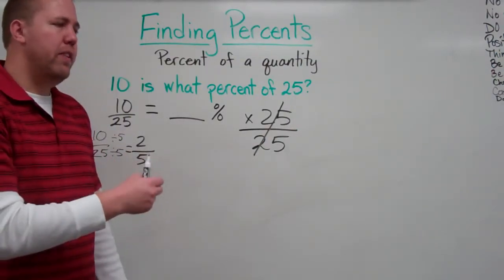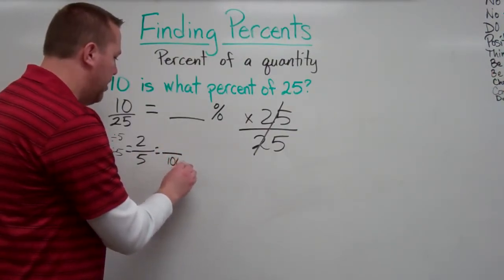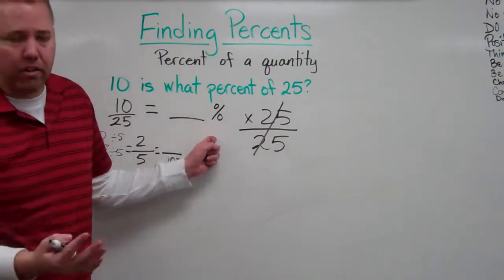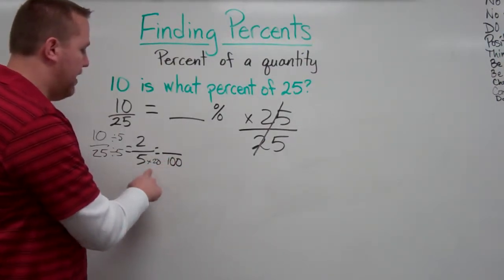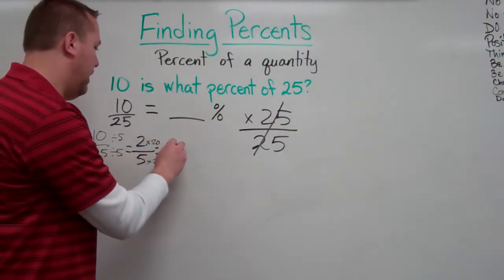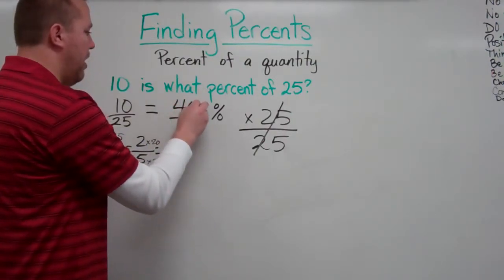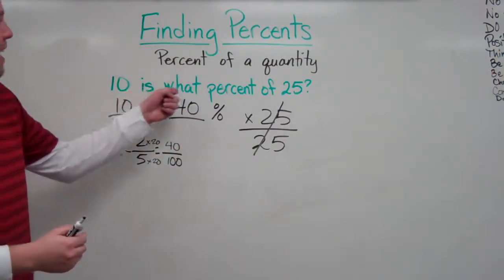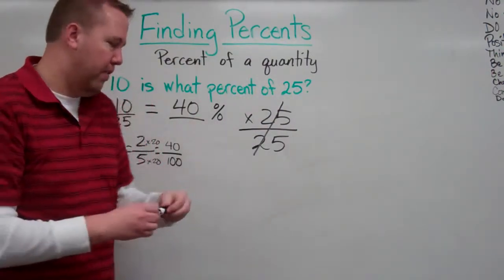Well, 2/5, how many times does 5 go into 100? Because percent means out of 100. So 5 goes into 100 20 times. If I times the bottom, I gotta times the top. So 2 times 20 is 40. So 40%, or 40 out of 100, 10 is 40% of 25.